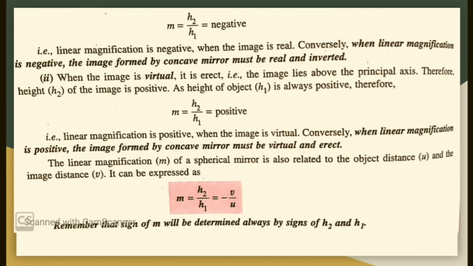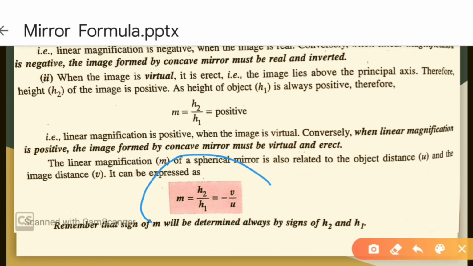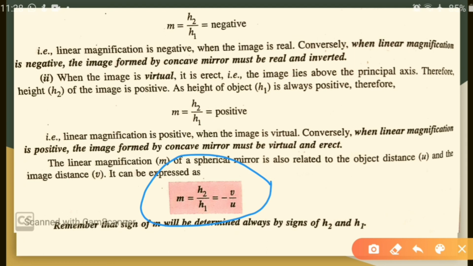Now there is another formula for the magnification. We can find the magnification with this formula: magnification m is equal to h2 upon h1, meaning height of the image upon height of the object, is equal to minus v upon u. What is v? v is the image distance and u is the object distance.